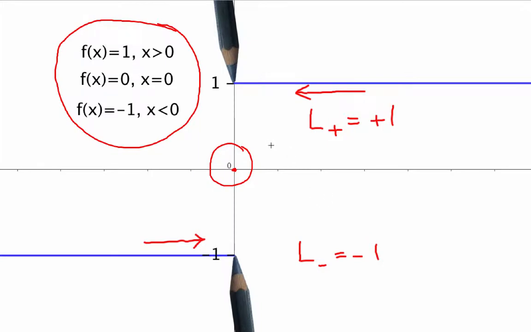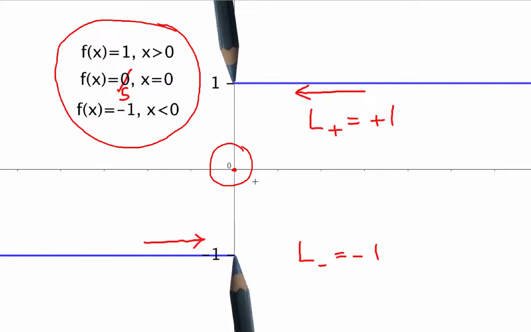Now the very important point is that it doesn't matter how you define the function exactly at x equal to 0. Instead of f of x equal to 0, I could have written over here, let's say 5 or 1.5 or 2.3 or whatever. It would have made no difference whatsoever to the limiting values that we got from the right or from the left.